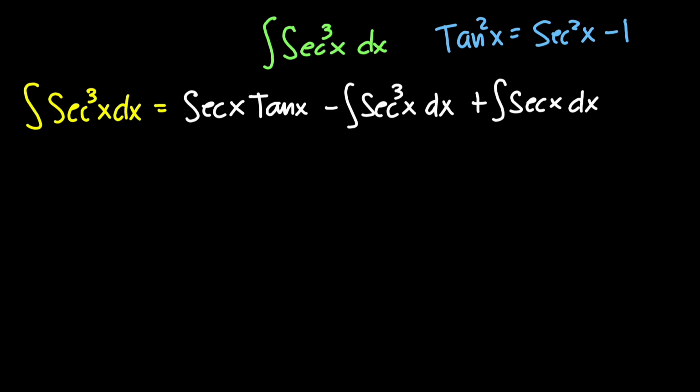What we're going to do would be to move this one to the other side, or since this is a negative value, add secant cube of x to both sides. This would be plus the integral of secant cube of x dx. What we're going to do on this side, repeat on the other side.